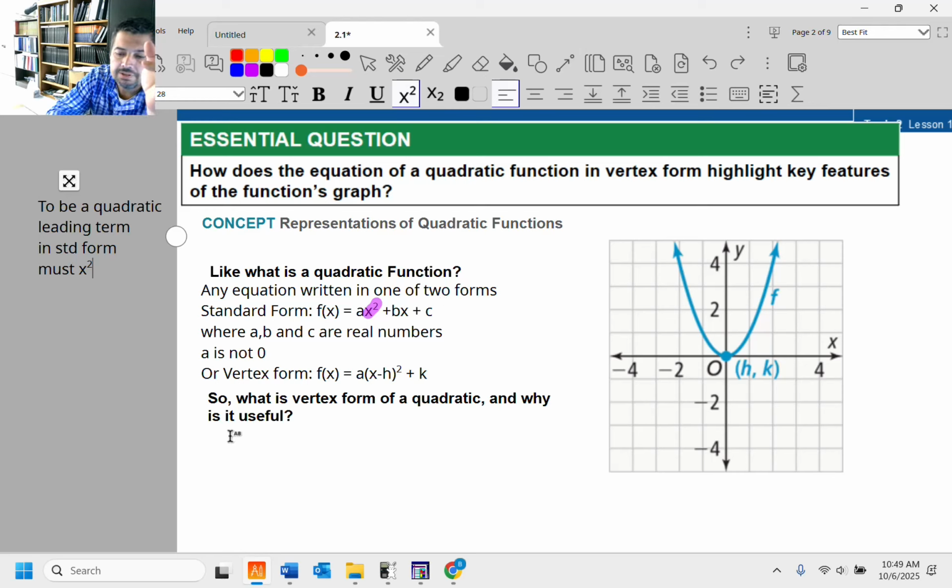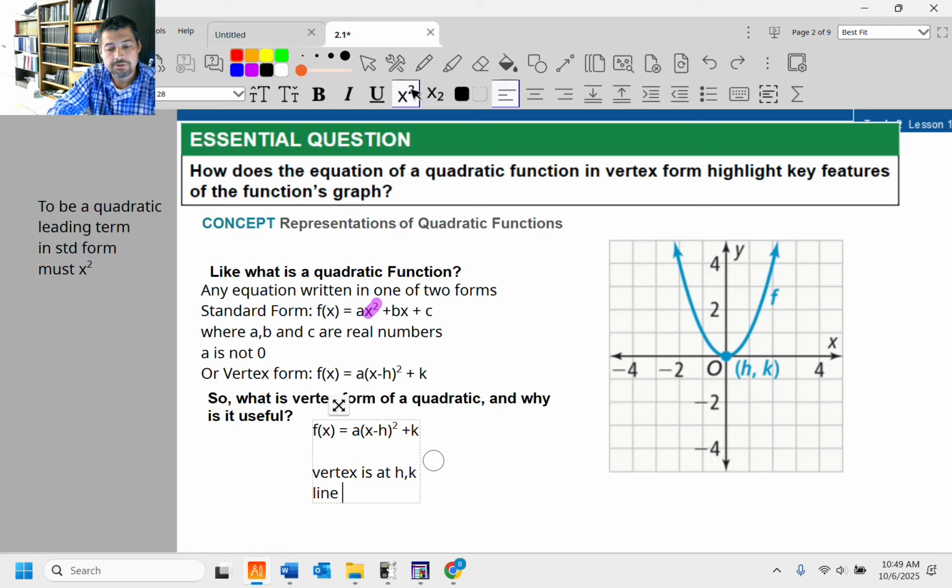All right, so what is vertex form of a quadratic and why is it useful? Of course, I'll write it again. The more times you write it, the more likely you are to remember what it is, and that's the big deal here, is memorization. Can't fix that. That's a you thing you got to work on. Why is it a big deal? Well, your center or your vertex is at h comma k.